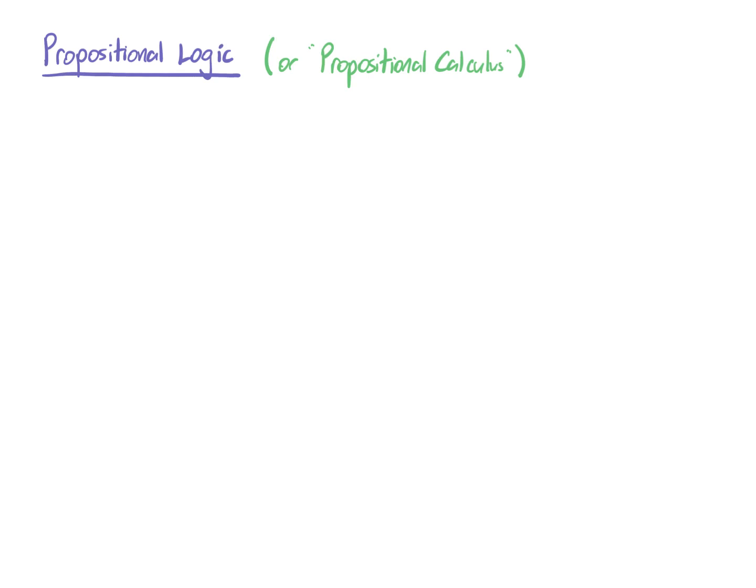Well, there are three main reasons, three places that logic comes up in computer science. So, first, logic is used in the design of low level computer operations.